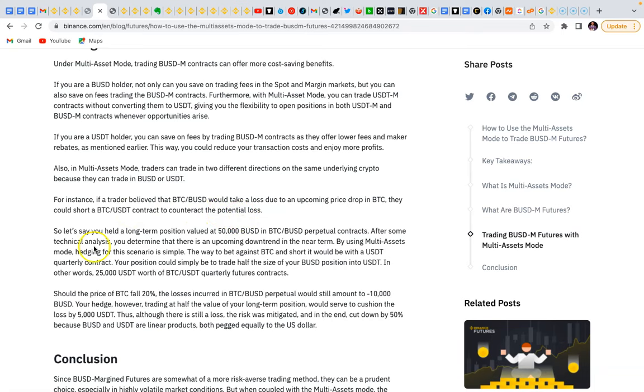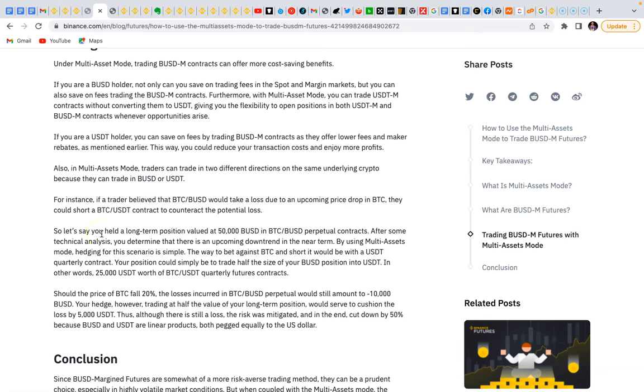So let's say you already held a long-term position valued at 50,000 BUSD in BTC. It means maybe you opened a long position in BTC that is valued at 50,000 per unit of Bitcoin. After some technical analysis, you now discover that there will be an upcoming downtrend in the near term.